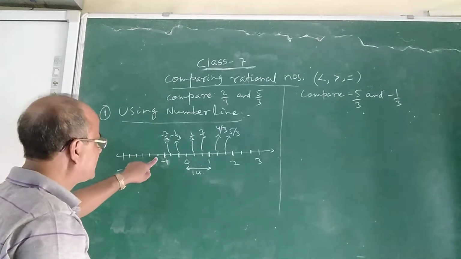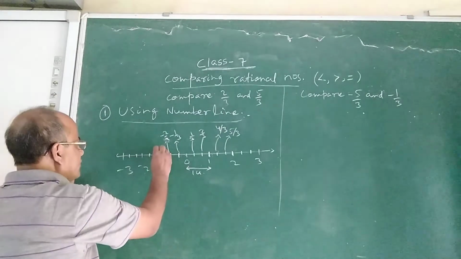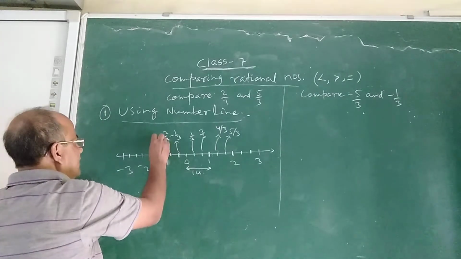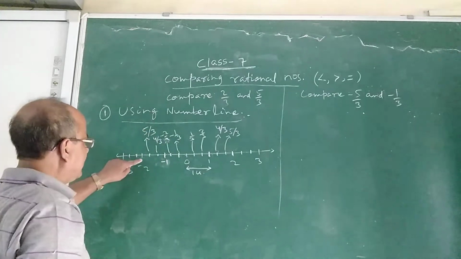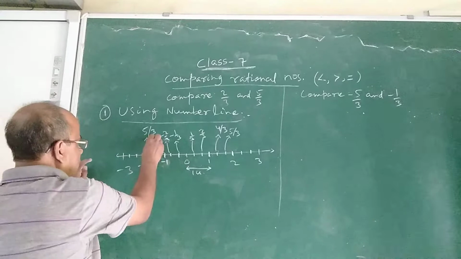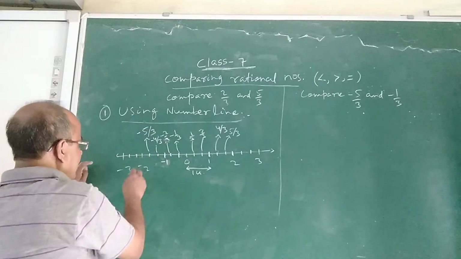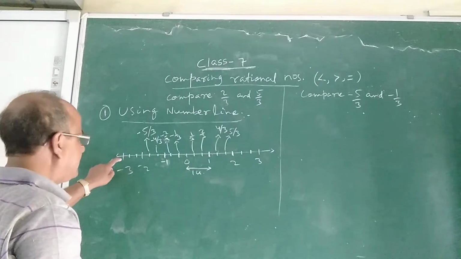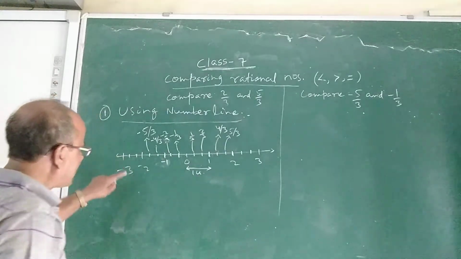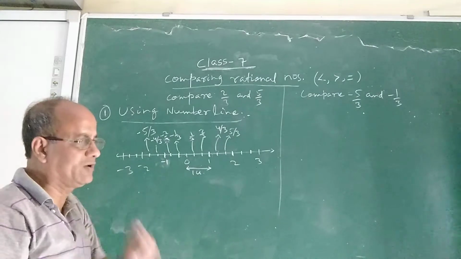Then -4 by 3, -5 by 3, -6 by 3, -7 by 3, -8 by 3, -9 by 3. -9 by 3 is -3. Like this it will continue.